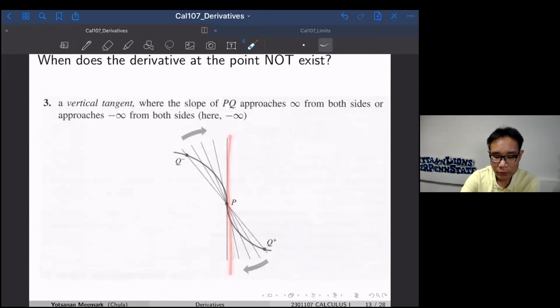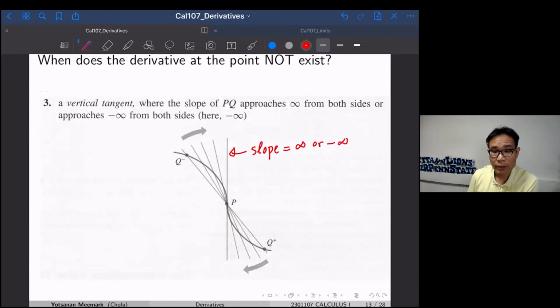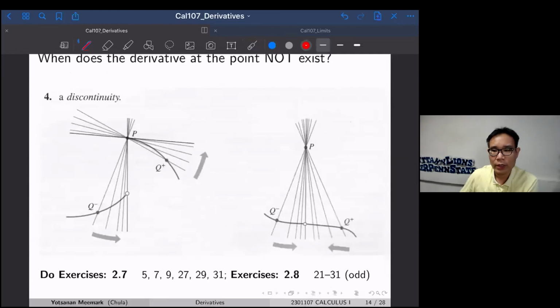A vertical tangent line means the slope is equal to infinity or negative infinity. With a vertical tangent line, when you have a graph that looks like this one, you will not be able to touch the graph because you don't have a point to touch.